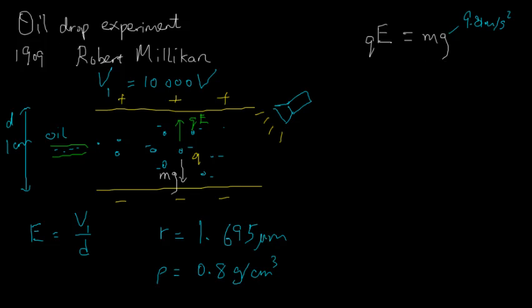Let me just write this out. The mass would be density times volume, and volume would be 4/3 pi r cubed, the volume of a sphere.